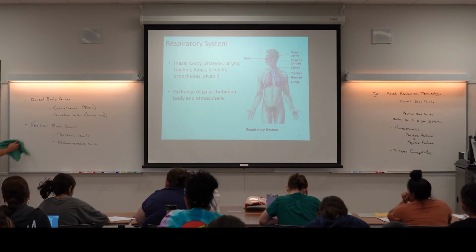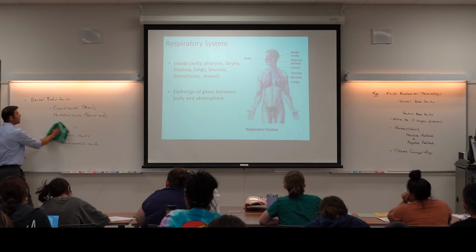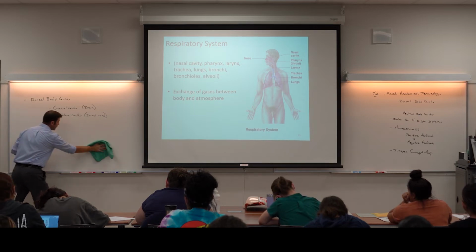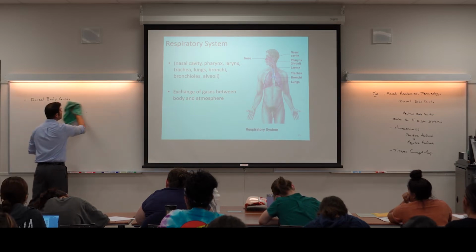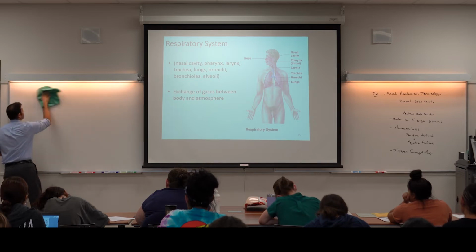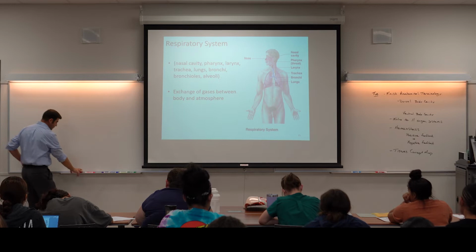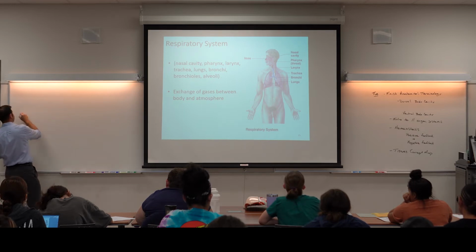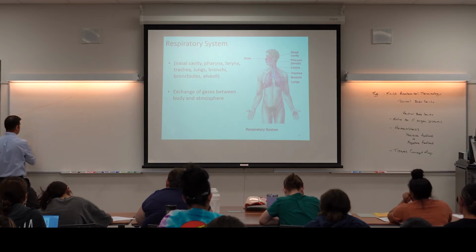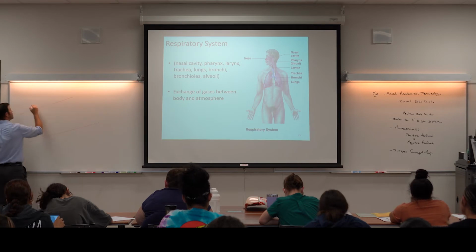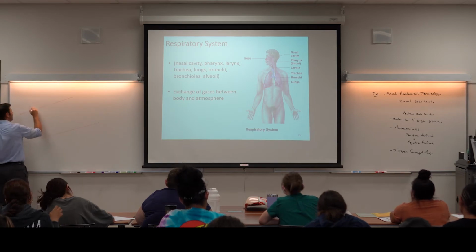We're going to mention something that comes into play in the second half of this class when we talk about what's in the bloodstream. Let's just let this represent a capillary.